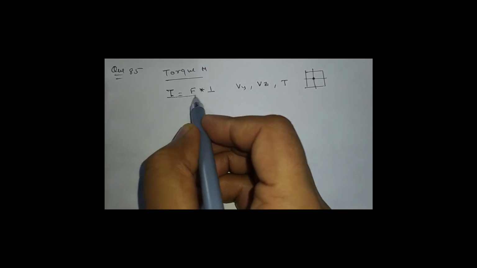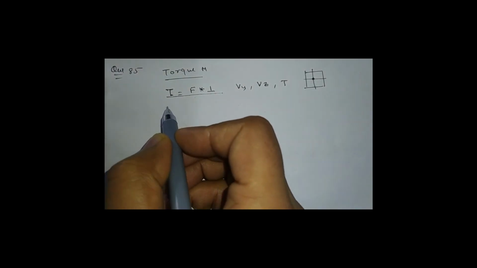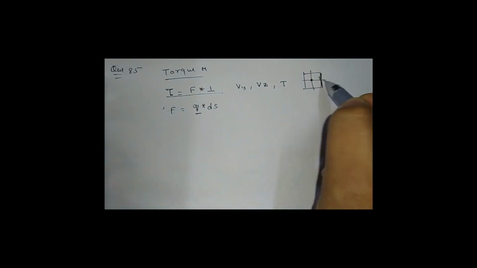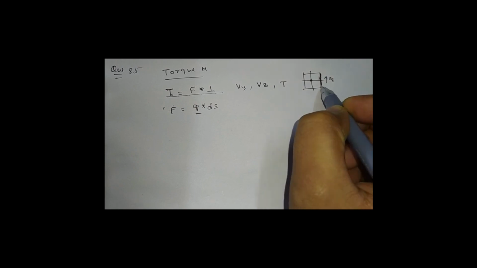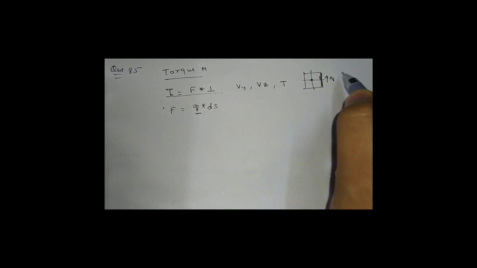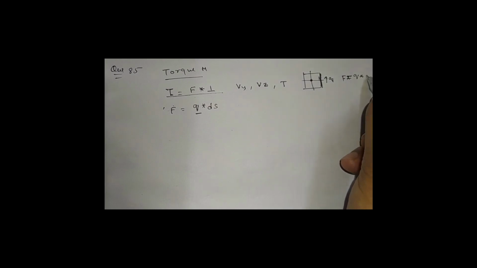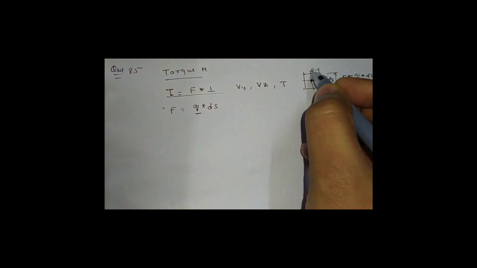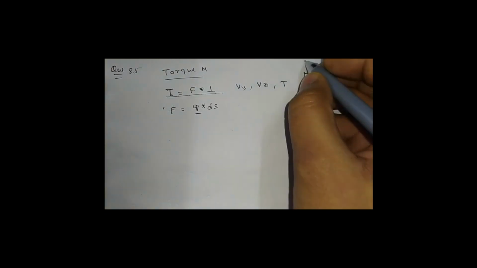So in order to find the torque, we know that if this is the shear flow Q in this section, then the shear force in this section will be F equal to Q into ds. If ds is the length, then the torque about the shear center, or the center, will be equal to Q into ds multiplied by this perpendicular distance, let's say x.